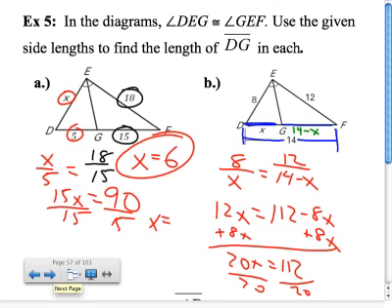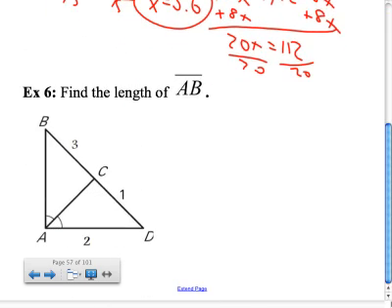And you find that x equals 112 divided by 20, 5.6. All right, so x is 5.6, and again, it's a little bit different because you have to create this expression there, so it makes it a little bit tougher.